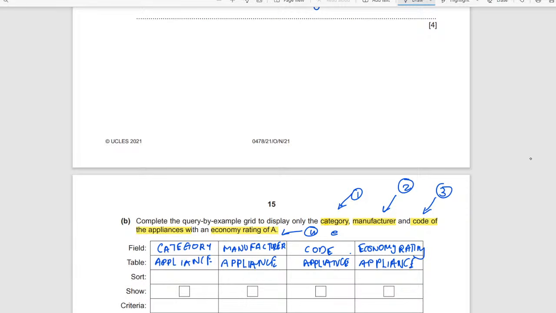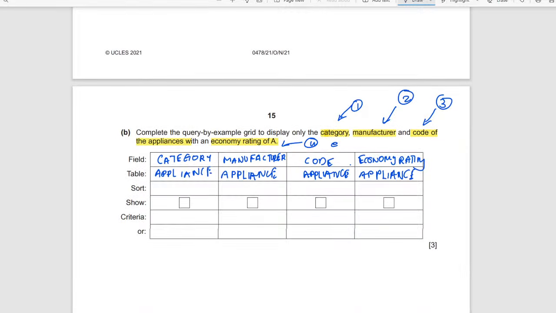It says we only display category, manufacturer, and code of appliances, so we only do these three, not the last one. But it says economy rating of only A. That is it. This stuff is quite easy, like someone is saying. Don't really stress.